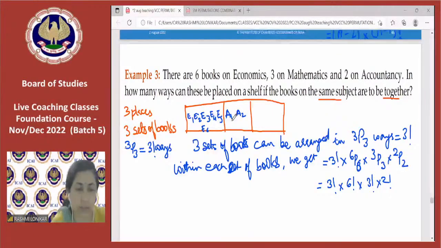A2, A1. So there are 2 places for the books of accounts and there are 2 books. So 2p2, so answer is 2 factorial. Here I have mathematics, I have M1, M2, M3. So 3 books on mathematics and 3 places are there. So 3p3. Okay, so this is the answer.